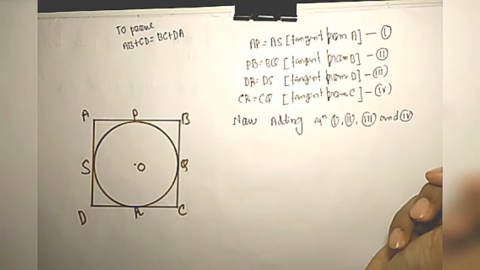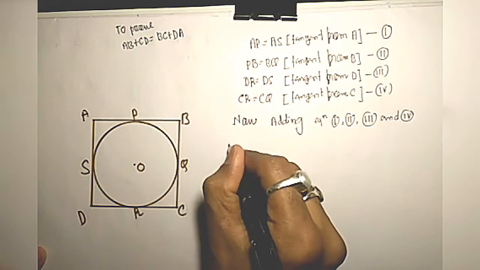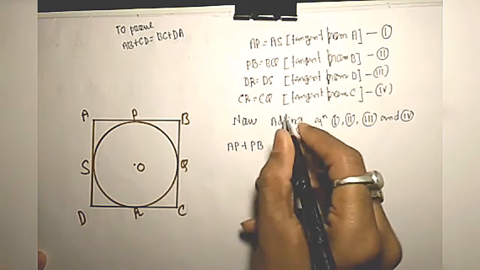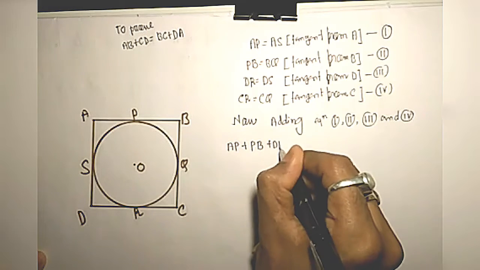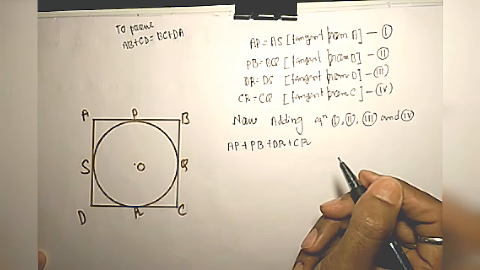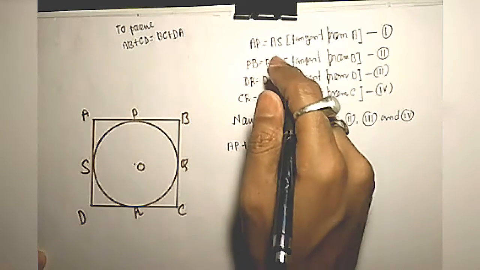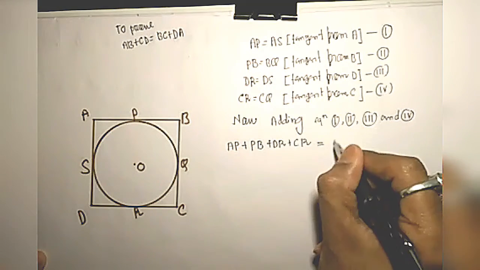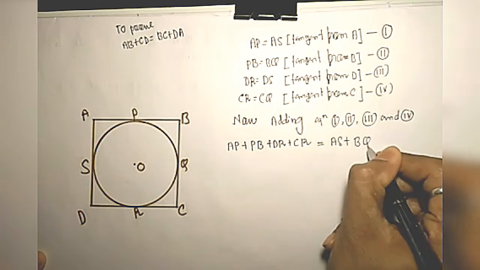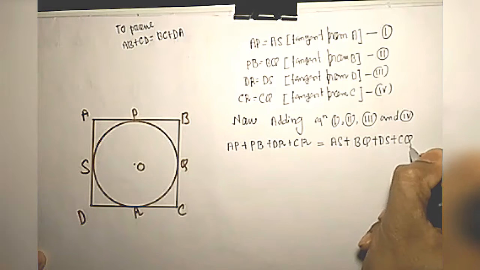One thing we should remember, the left hand side should be added to the left hand side, and the right hand side to the right hand side. So AP plus PB plus DR plus CR equals AS plus BQ plus DS plus CQ.